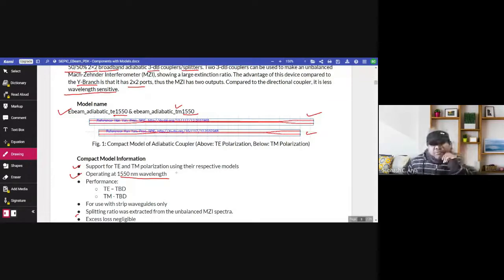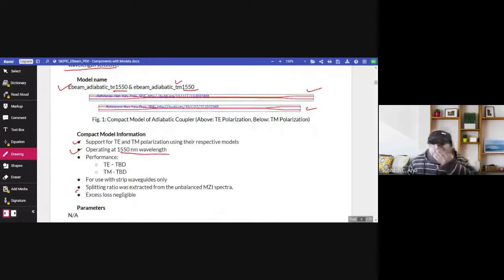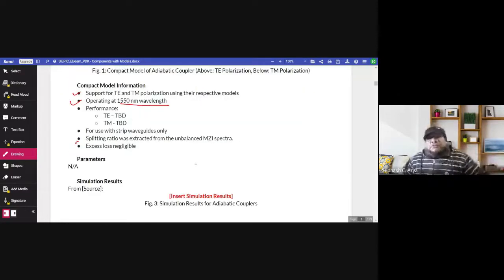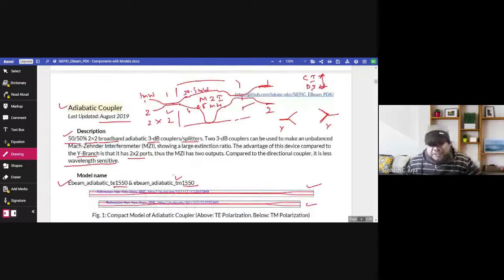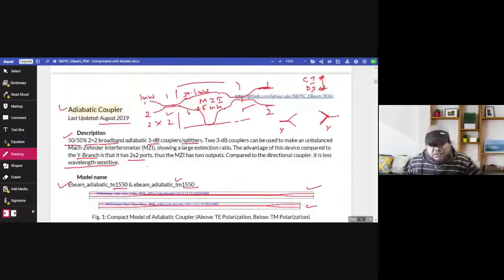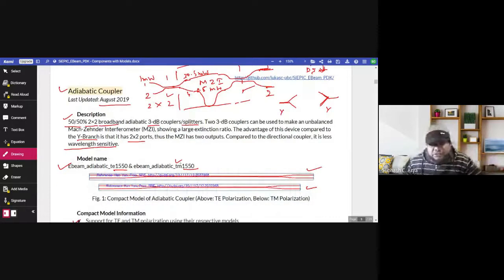These components we have considered. This is the input and these two are the outputs. So we shall try to see whether it is able to split the light 50-50 and what is the approximate range of that splitting. And later on we can also make an MZI, but not now, not in this video. Next video we shall try to make.